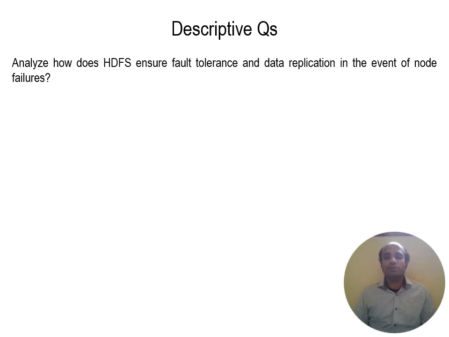How can HDFS help with fault tolerance and data replication when there are node failures? So what you can do is take a notebook and a pen and start listing out the key points for this. We will discuss that in a short while. So your time starts now.